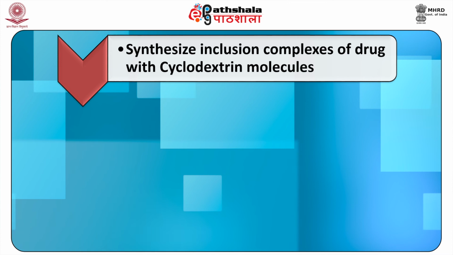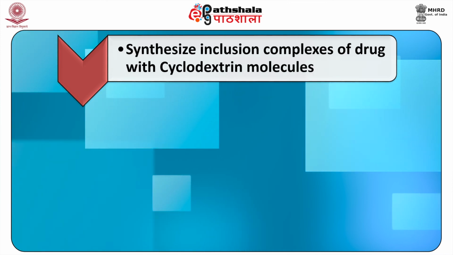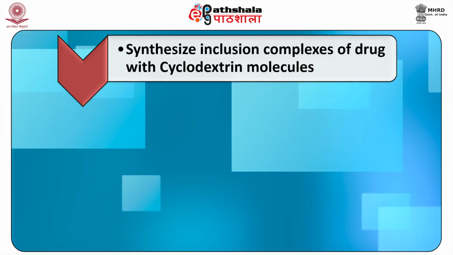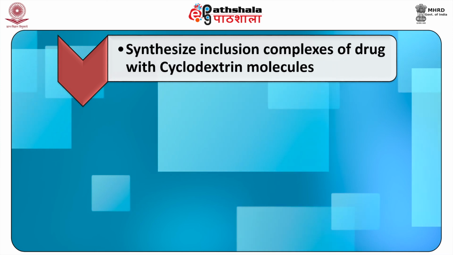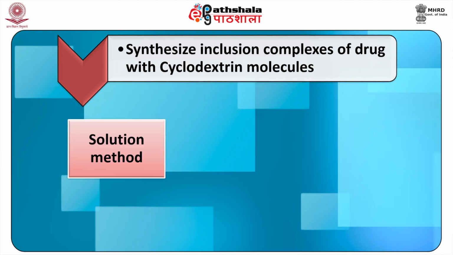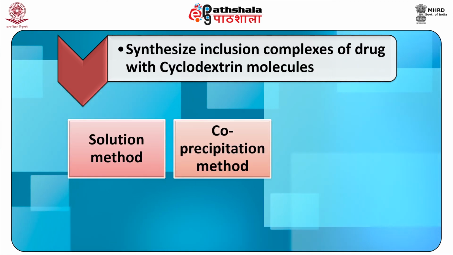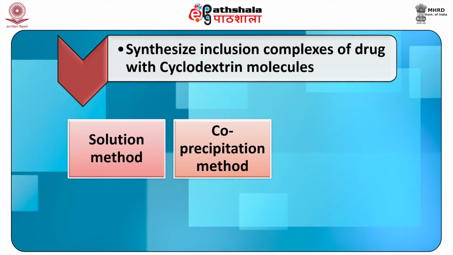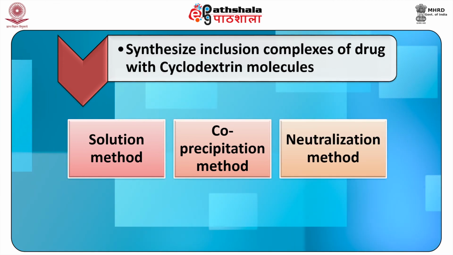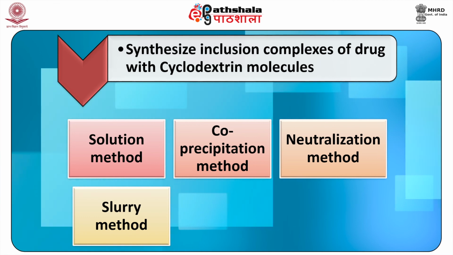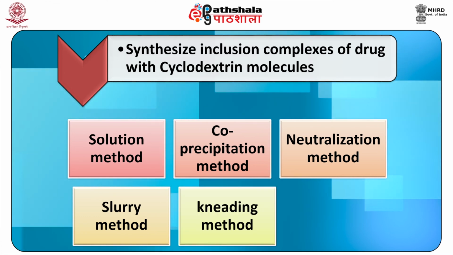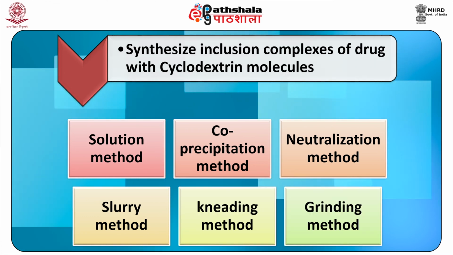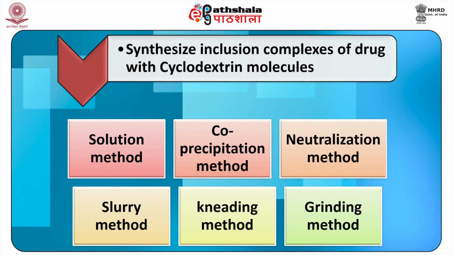There are many methods known to synthesize inclusion complexes of drug with cyclodextrin molecules, including the solution method, the co-precipitation method, neutralization method, the slurry method, the kneading method, and the grinding method.